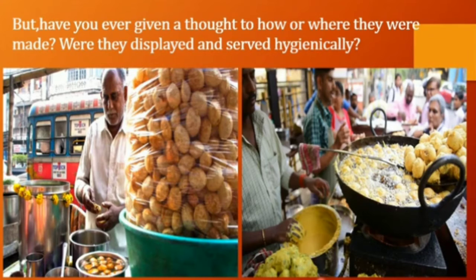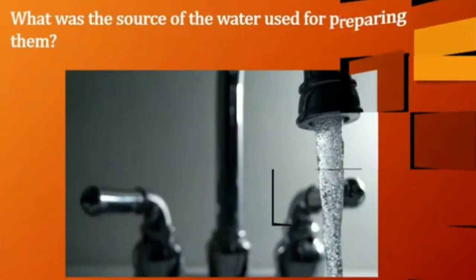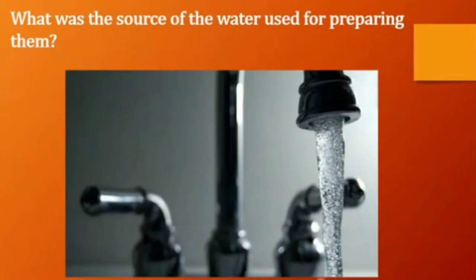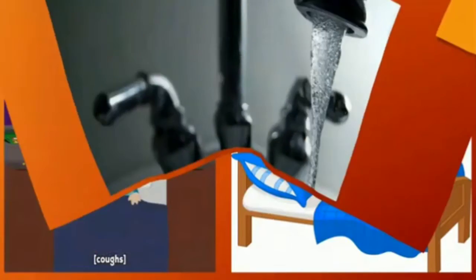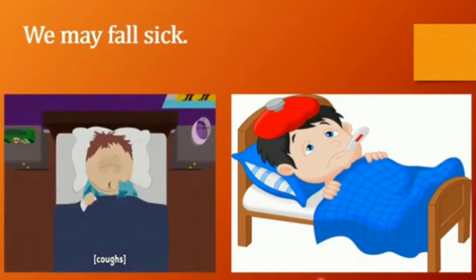Were they displayed and served hygienically? Have you ever thought this, children? What was the source of water used for preparing them? We may fall sick when we consume foods which are unhygienic.